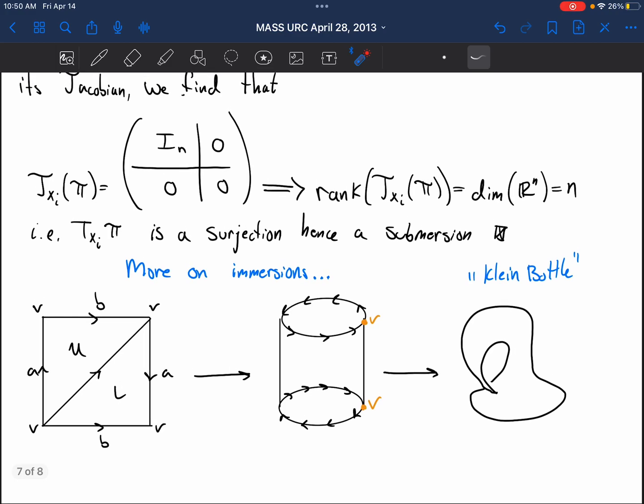And a little bit more on immersions, I think I would just finish by talking a little bit about a very popular topological space called the Klein bottle. It's kind of an overused example, but you might have seen this drawing of a bottle that intersects itself.